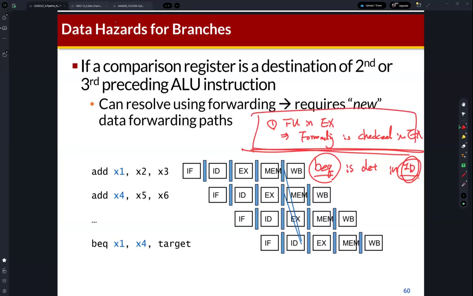So the data forwarding mux is in the EX stage, which means the data is given to the ALU from the other pipeline stages, not the register file, because the register file is updated in the write back stage.